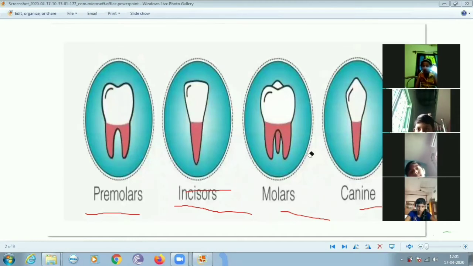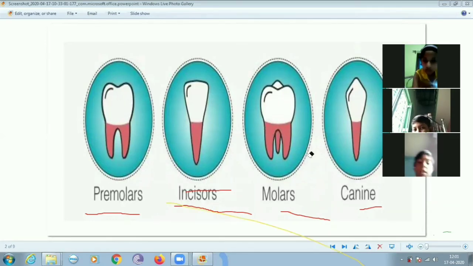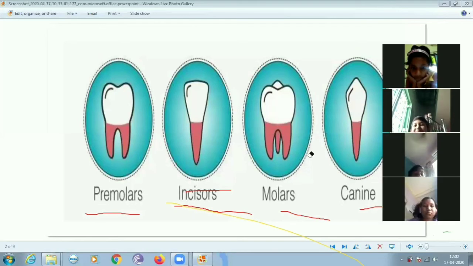And how many premolars? 8 premolars. 4 premolars in the upper jaw, 4 in the lower jaw. And how many molars are there in both the jaws? 12. Very good. 12 molars: 6 molars in the upper jaw and 6 molars in the lower jaw.